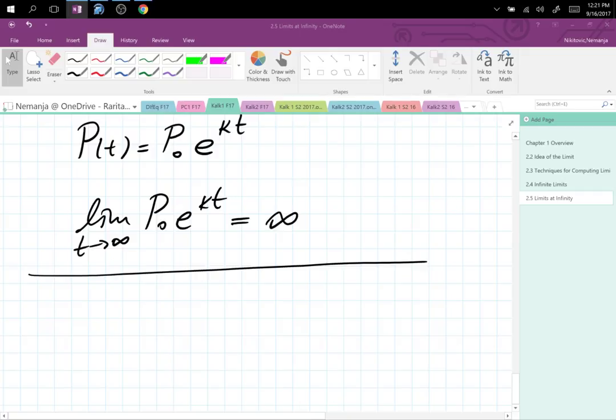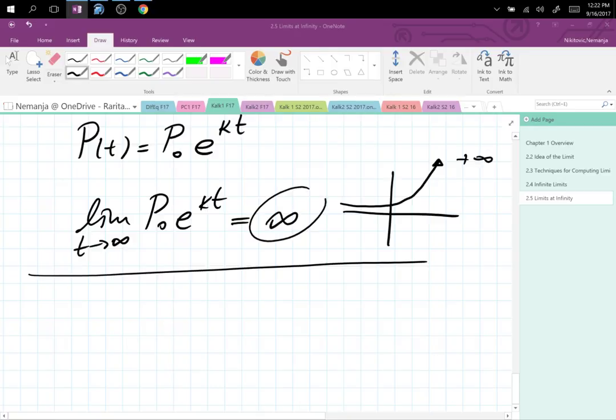Scientists can decide if that is 10 billion or 12 or 15, because that depends on approximating the average energy consumption and food consumption and everything else. But it's important to understand that this graph has end behavior going to positive infinity, which we see right in our limit.